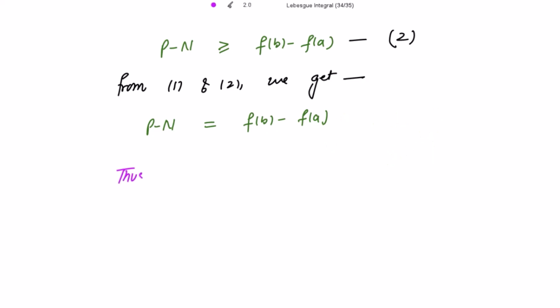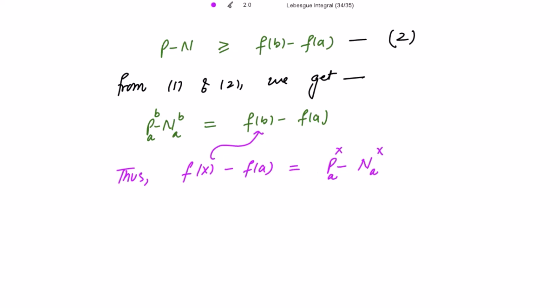So it can be written as f(x) minus f(a), where I have substituted x in place of b, and this is equal to P minus N. If this P is for the closed interval from a to b, then this capital P is for the interval from a to x.